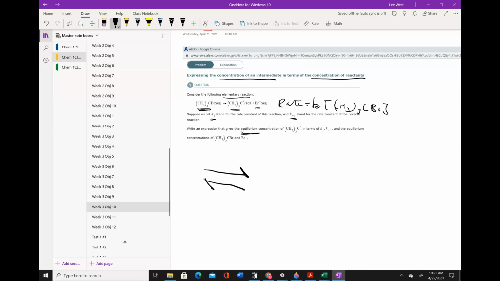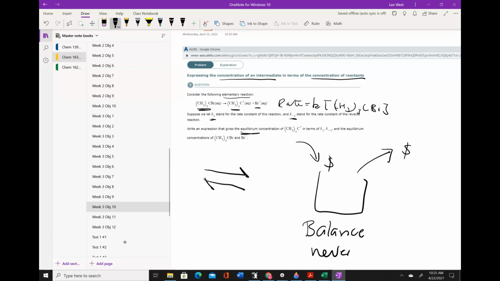It's kind of like, if you think about your bank account, if money is going in as fast as money is coming out, then the balance never changes.